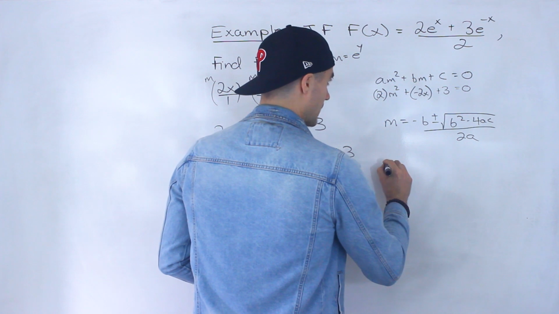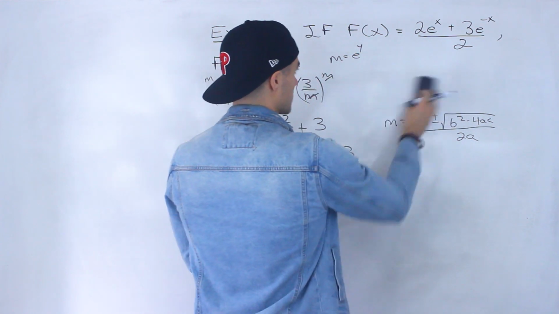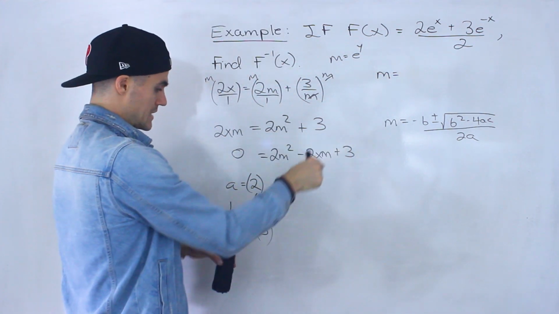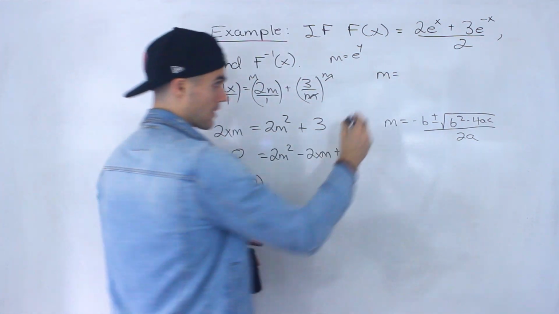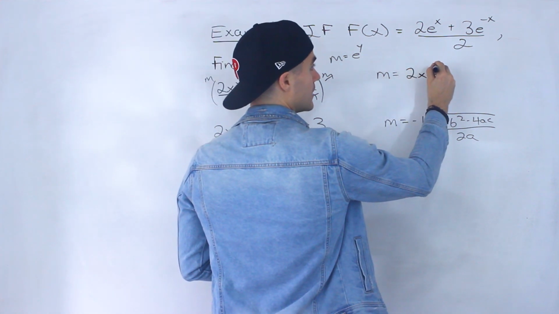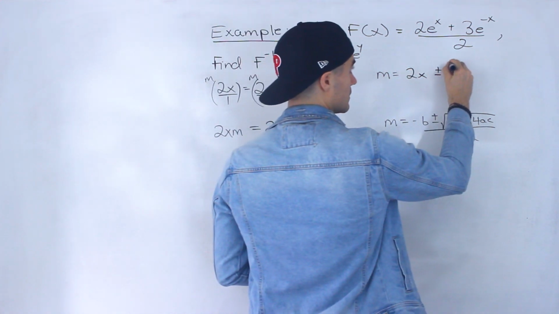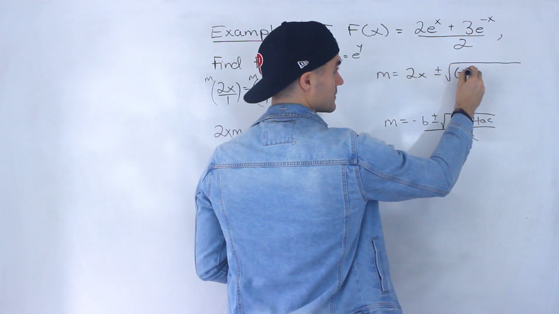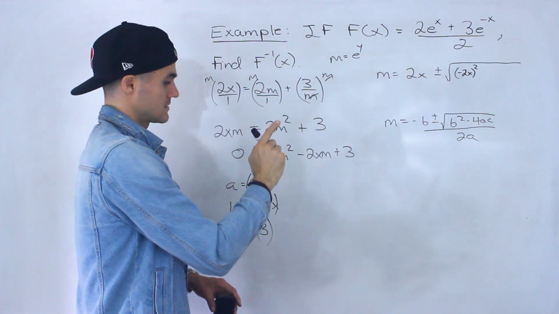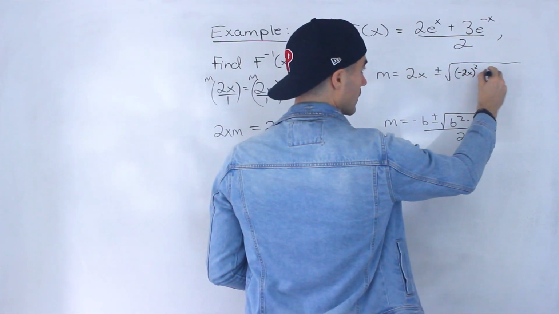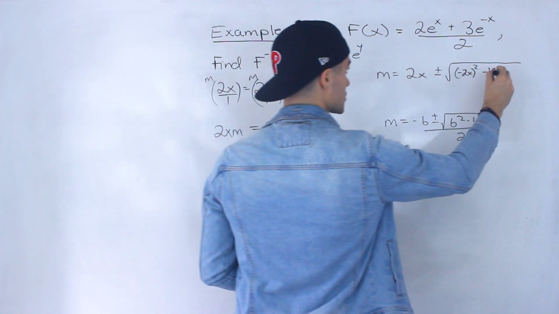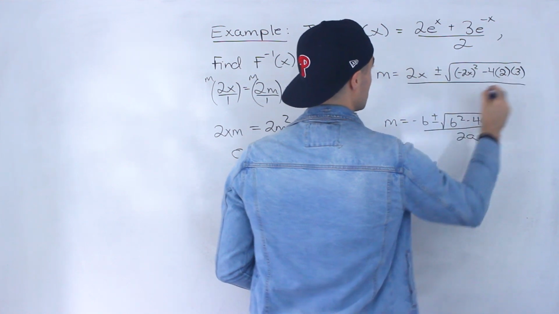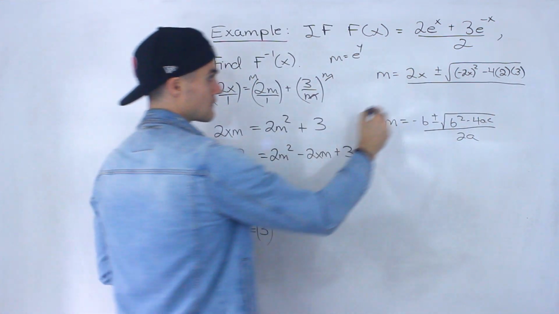So we would end up having, I'll start writing it up here, negative b, so negative 2x is just positive 2x, plus or minus the square root of b squared, which would be negative 2x squared, that's got to be in brackets, minus 4 times the a value, which is 2, times the c value, which is 3, and that's going to be all over 2 times the a value of 2.